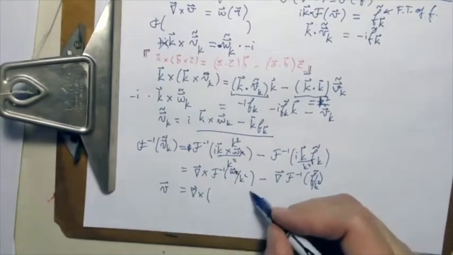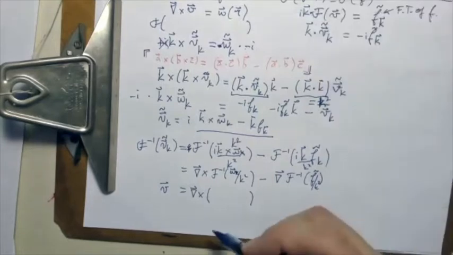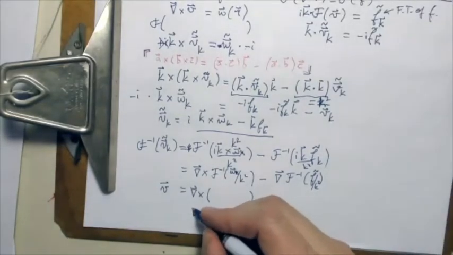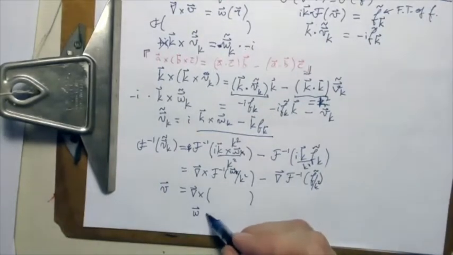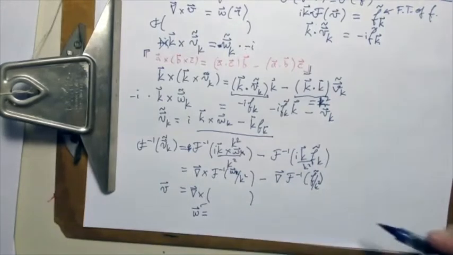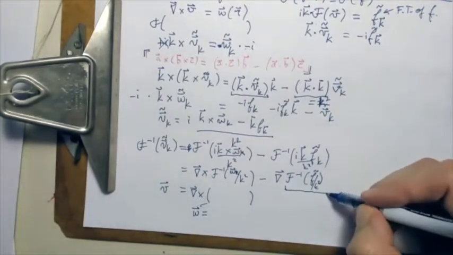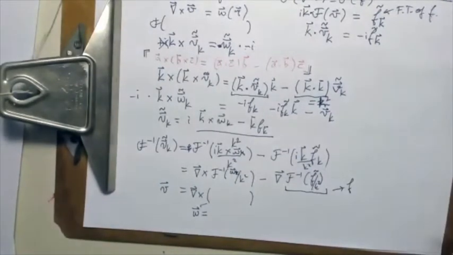So this, therefore, is this W. That's our W. And this is our F, the original F.